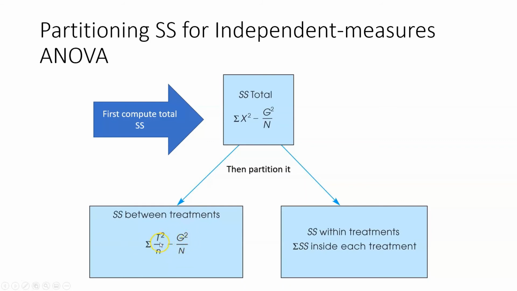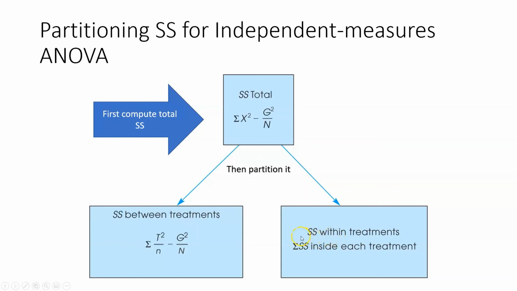So if you have 3 conditions, then you'll have this part here plus another part here plus a third part here, and sum them up and then finally subtract g squared over n. The sum of squares within treatments is the sum of squares that you find inside each treatment added up. So if the sum of squares for the first treatment and the sum of squares for the second treatment and the sum of squares for the third treatment were added together, then you would get the sum of squares within.